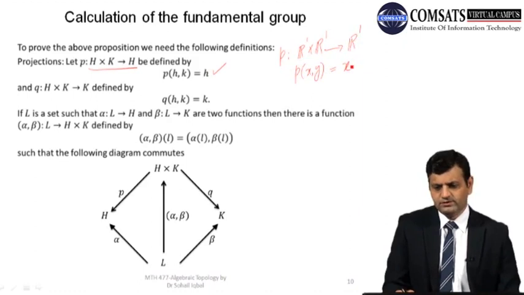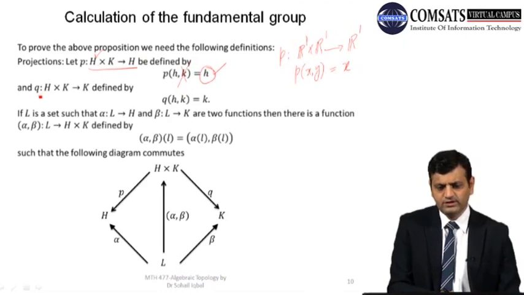Of course this is R1, and in this case this is H, so H could have any type of elements. For example, H could have ordered pairs or ordered triples or n-tuples, but at the end we are just going to get elements of H, ignoring the elements of K.